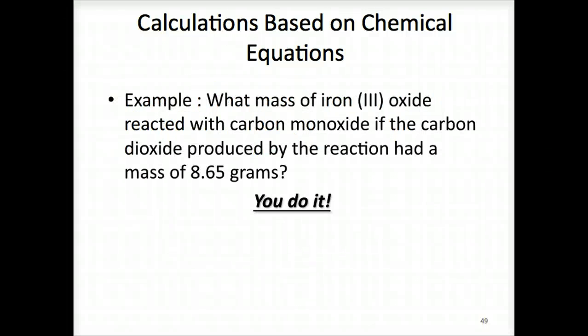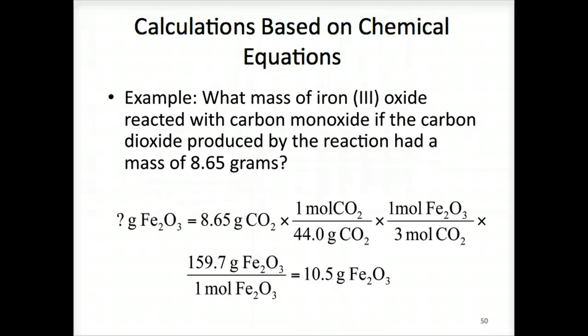Okay. What mass of iron oxide reacted with carbon monoxide if the carbon dioxide produced had a mass of 8.65 grams? Try this problem, pause the presentation, and try to do as much of it as you can. Now that you're back, here's the worked out problem.